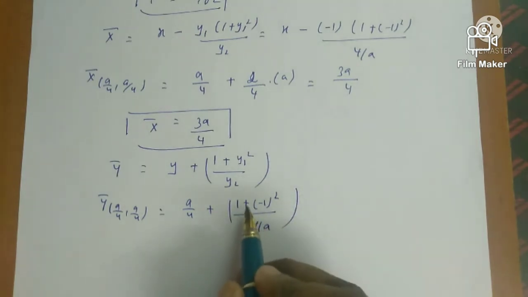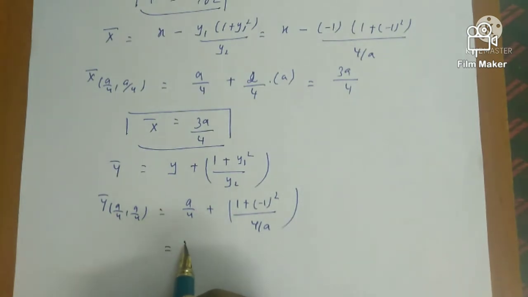After simplifying, 1 plus 1 is 2, 2a by 4, and again we get the answer as 3a by 4. So here also we get 3a by 4. Now we have the answers for x bar, y bar and rho.